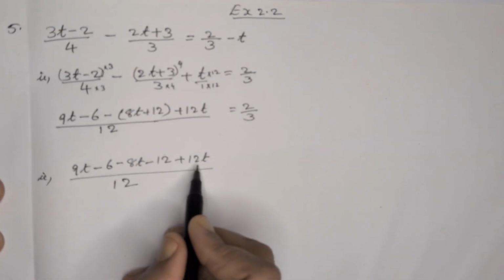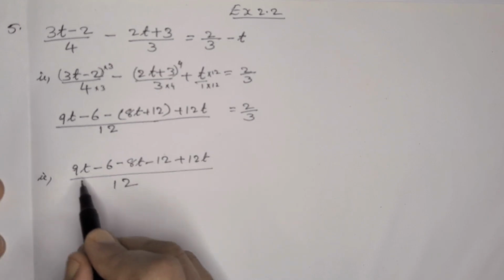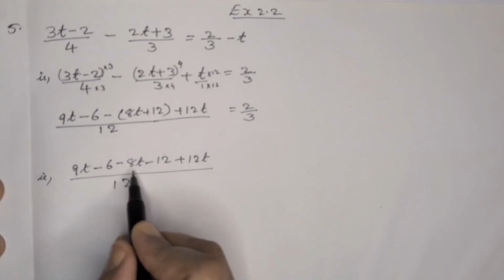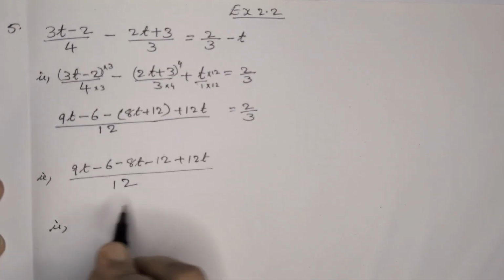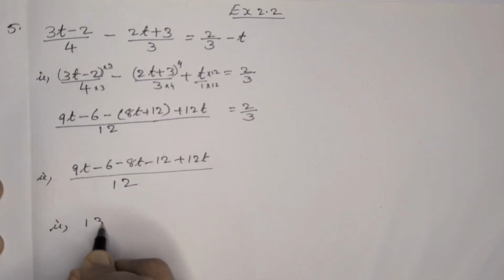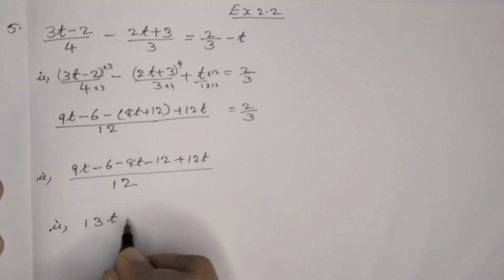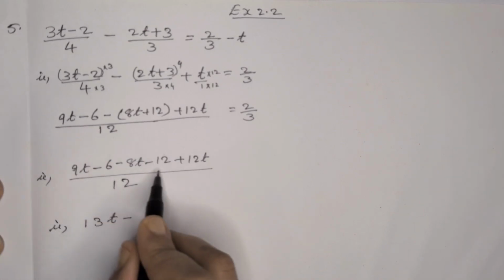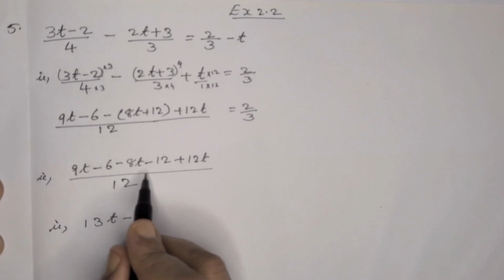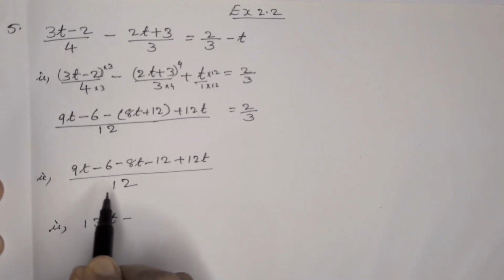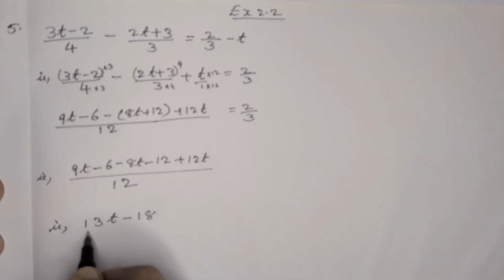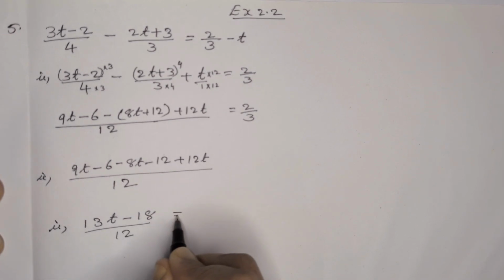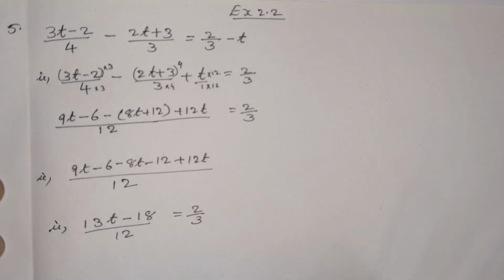Add the positive terms of t, 12t plus 9, 21t minus 8t is 13t. Minus 6 minus 12, so that will come 18. 18 by 12 is equal to 2 by 3.